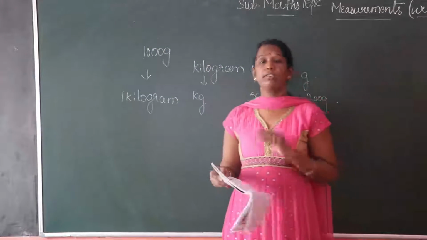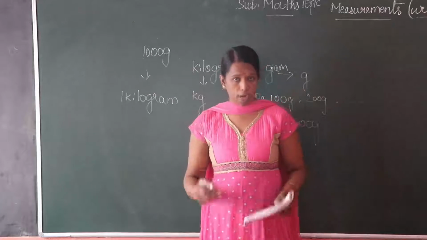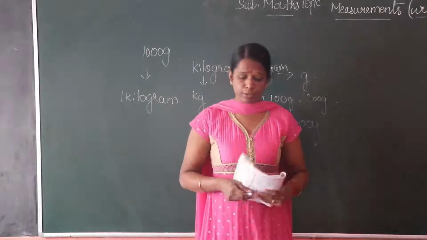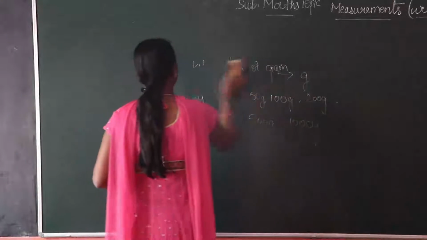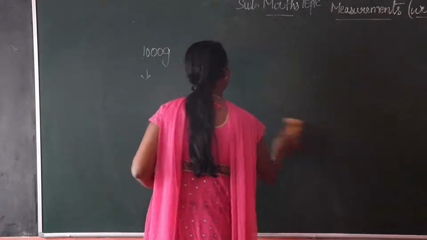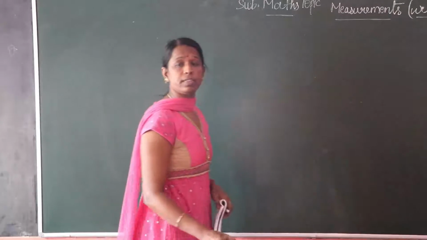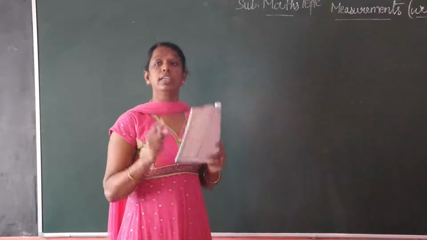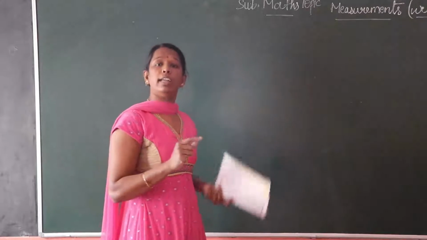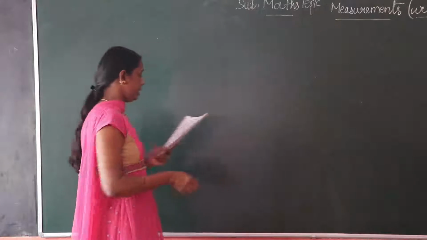So in this one, first we have to learn about the conversion of kilogram to grams and then grams to kilogram. Okay. So you know the SI unit of weight is gram or kilogram. Gram is expressed in terms of g. Kilogram is expressed in terms of kg. And then 1000 grams is equal to 1 kg.